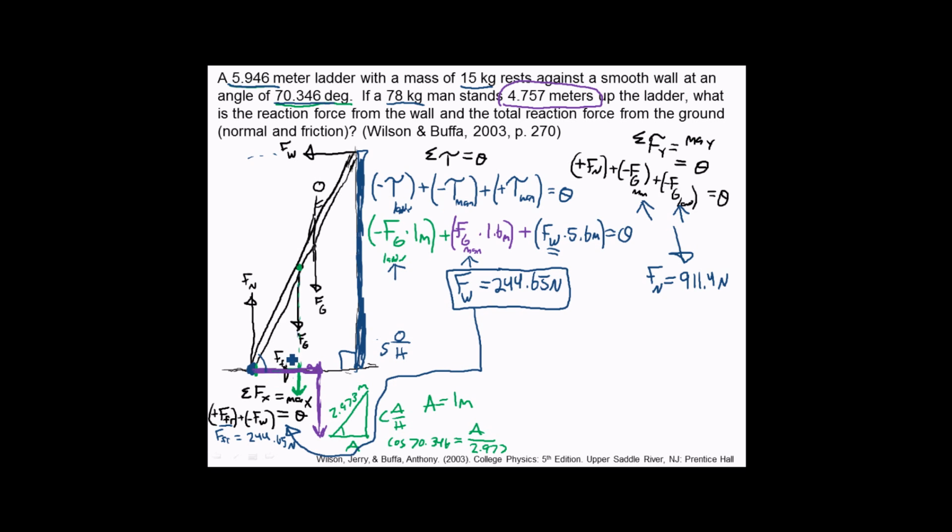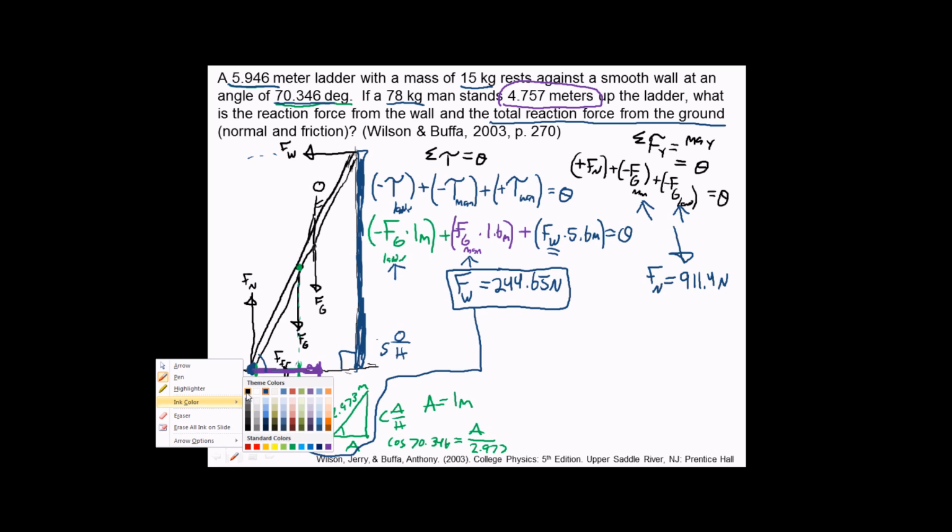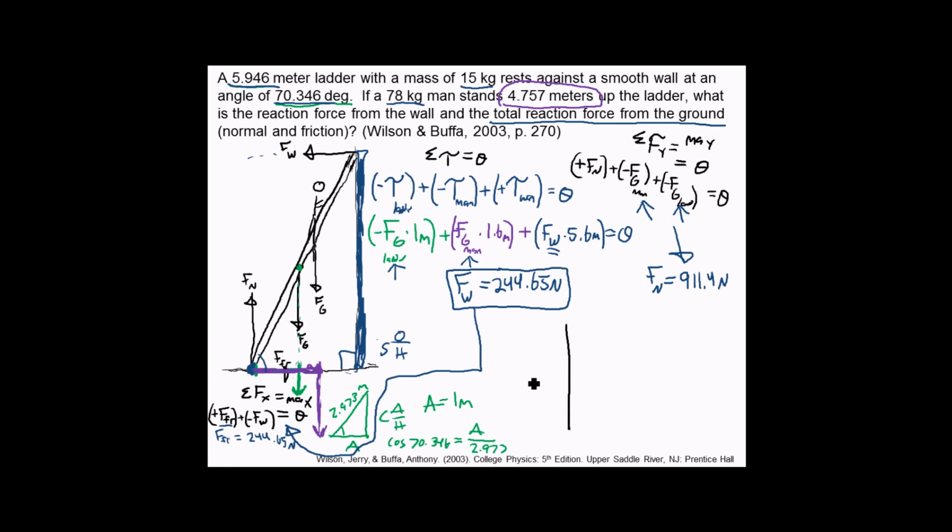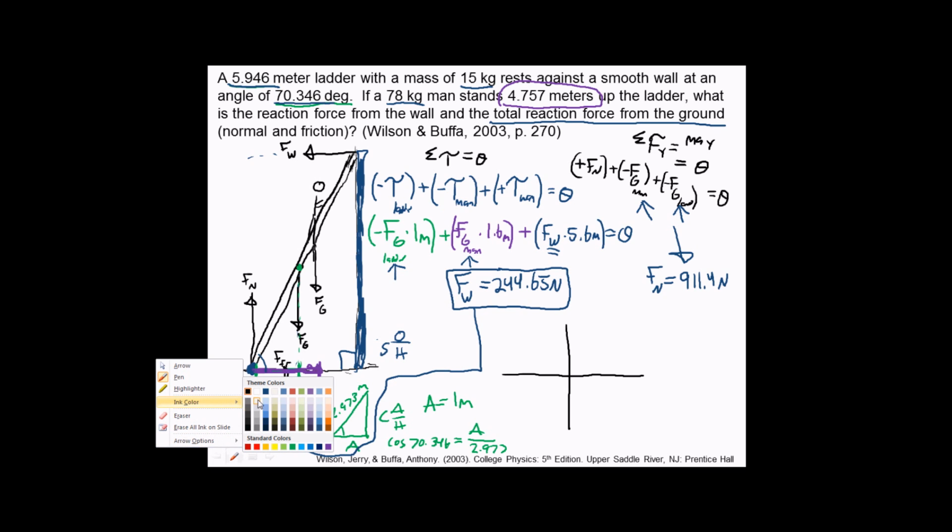So if we look at that, we have these two forces on the ground. We have the friction force going to the right, and we have the normal force. We need to figure out what the combination of those is, and that's the total reaction force from the ground. So we're going to set up a new coordinate axis and establish our forces here.